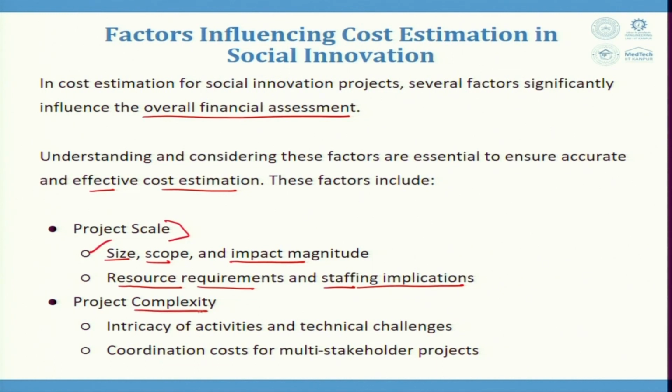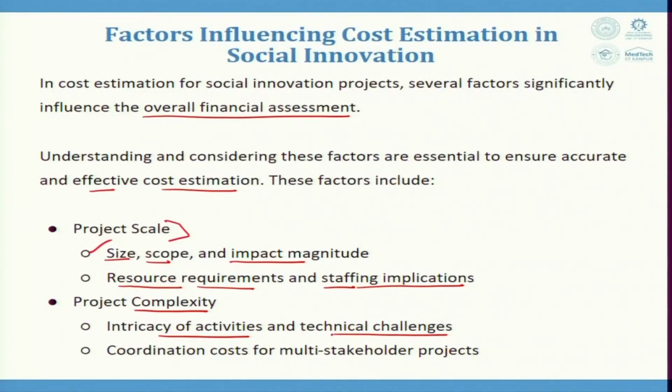The complexity of the project is also one of the important factors to always think of when we talk about cost estimation. Intricacy of activities and technical challenges, that is, the nuances of the activities, if those involve data from neighboring countries, or private data from people.